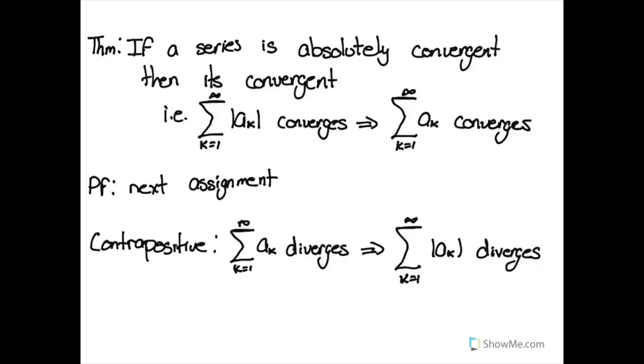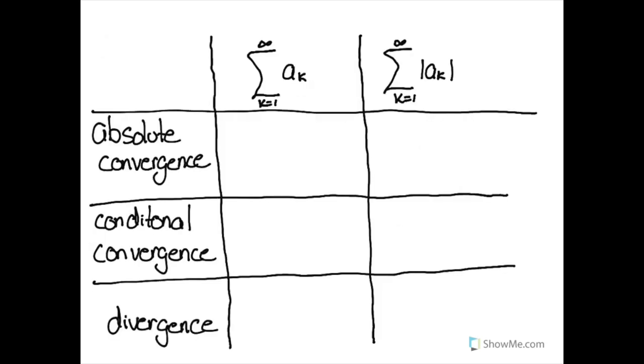So a series being divergent automatically implies that the absolute value series is also divergent. And from this, let's make a table of the different properties for convergence, absolute convergence, conditional convergence, and divergence.